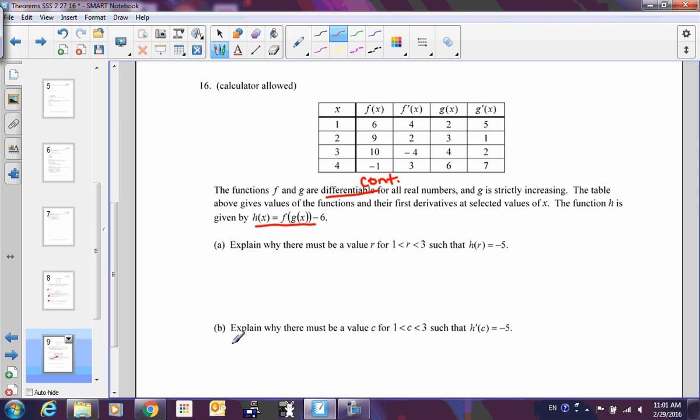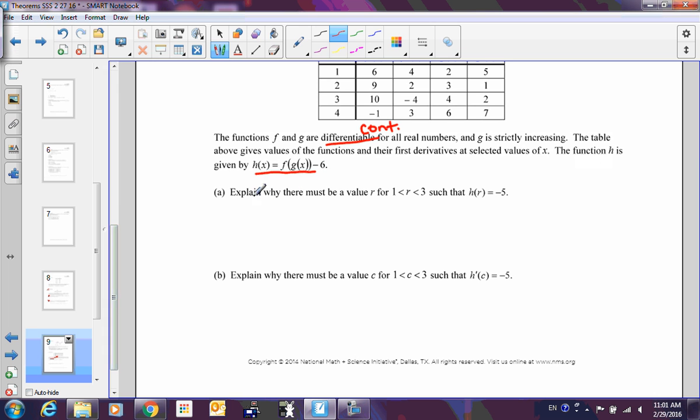It's just good to go ahead and get right out front that, and again, you're going to have more room on the AP test, that h of x is continuous and differentiable on 1, 2, 3. Okay, so it's just good to go ahead and say that so that if we ever need it, we're not going to forget.